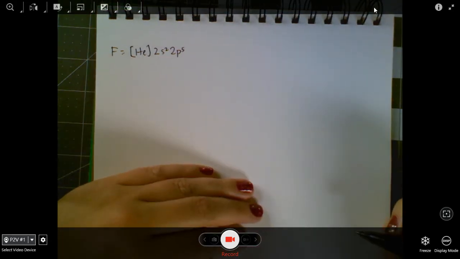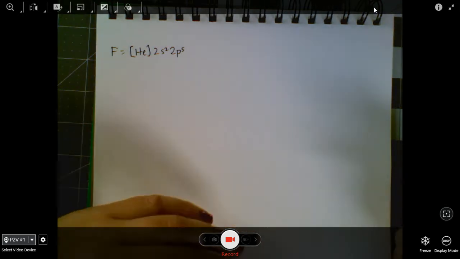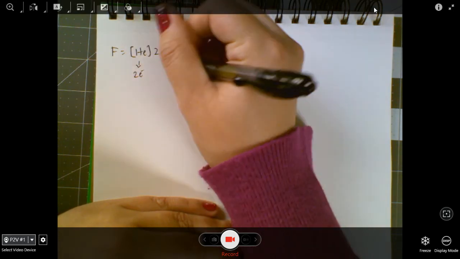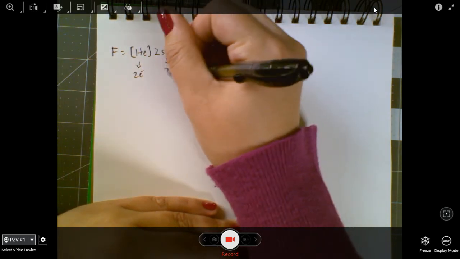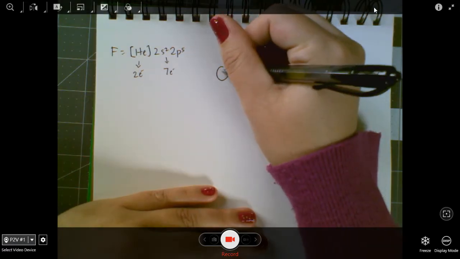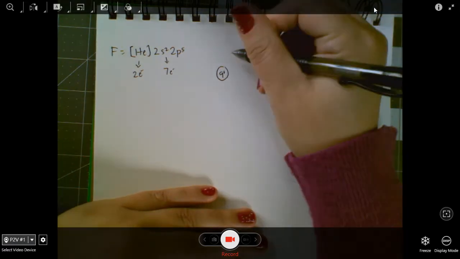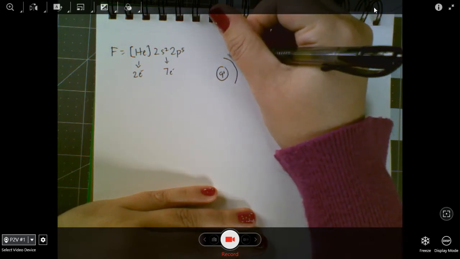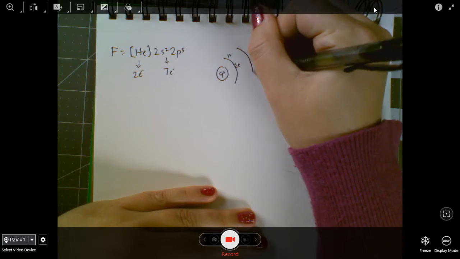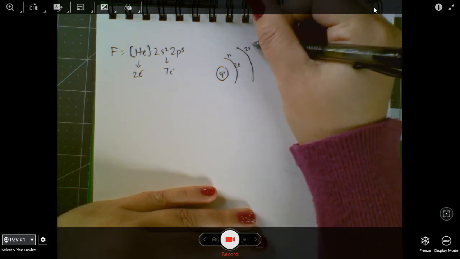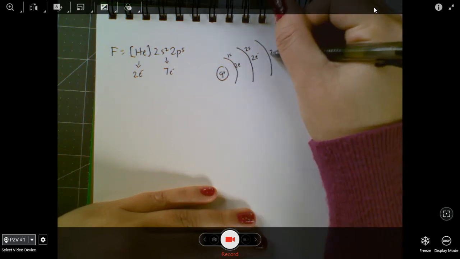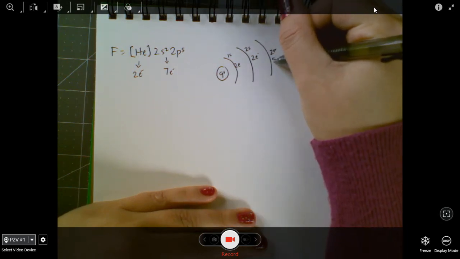When we talk about our valence electrons versus our core electrons, we have 2 core electrons and 7 valence electrons. In my drawing here, fluorine has 9 protons. It has the 1s shell, which has 2 electrons in it. And then its valence shells here are the 2s and the 2p. 2s has 2 electrons, 2p has 5 electrons in it.